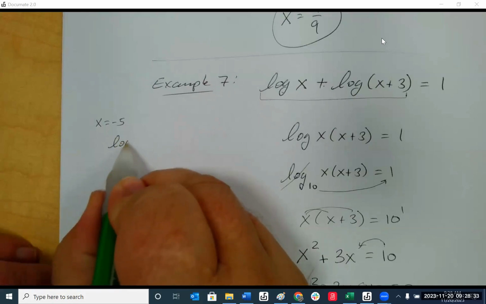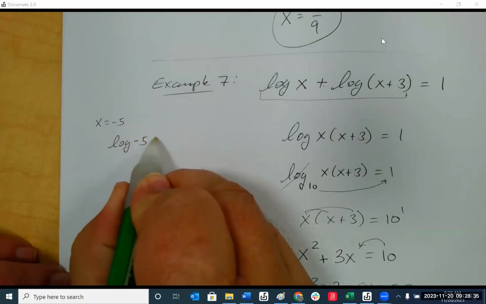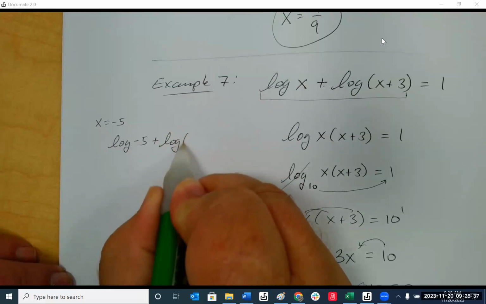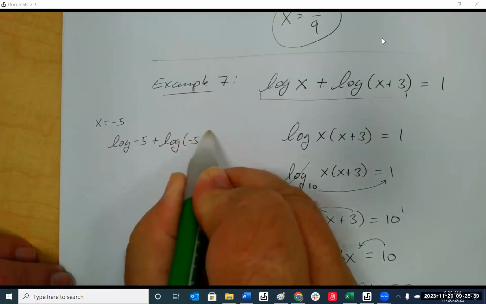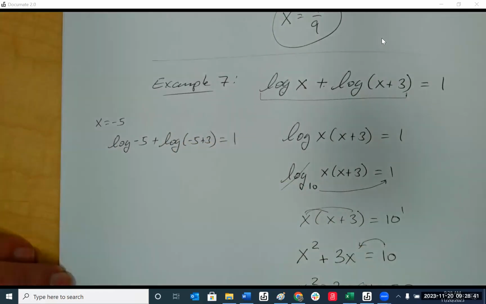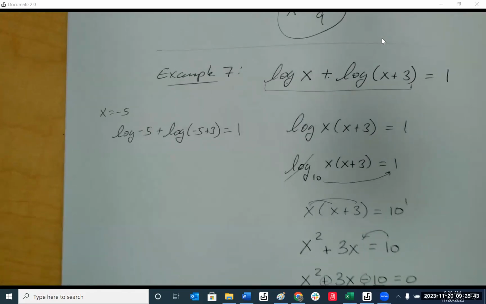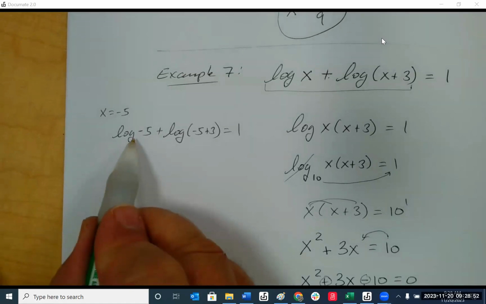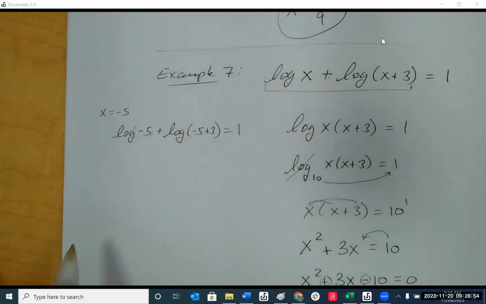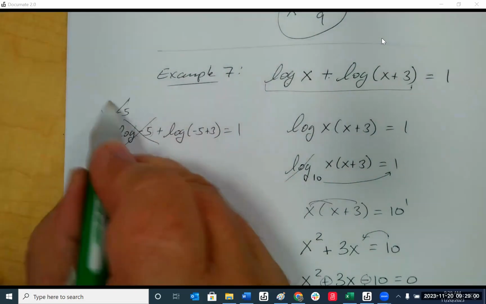So it's log of -5 plus log of -5 plus 3 equals 1. Can't go any further. Remember, you can't take logs of negative numbers. So we can't use -5.